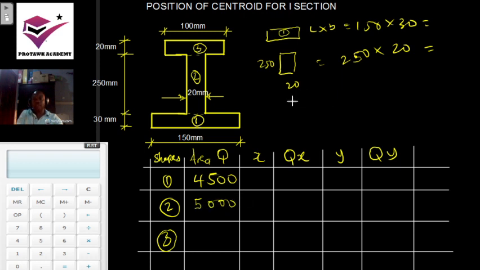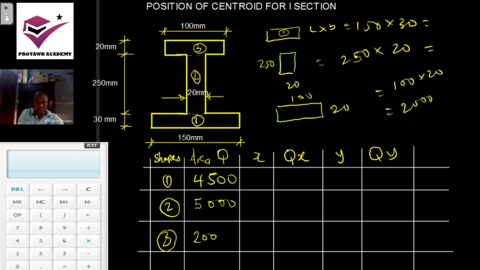Okay, we'll consider the last one, which is the rectangle at the top. So this one is 100 by 20. So this will be equal to 100 multiplied by 20, and this will be 2,000 millimeter square.